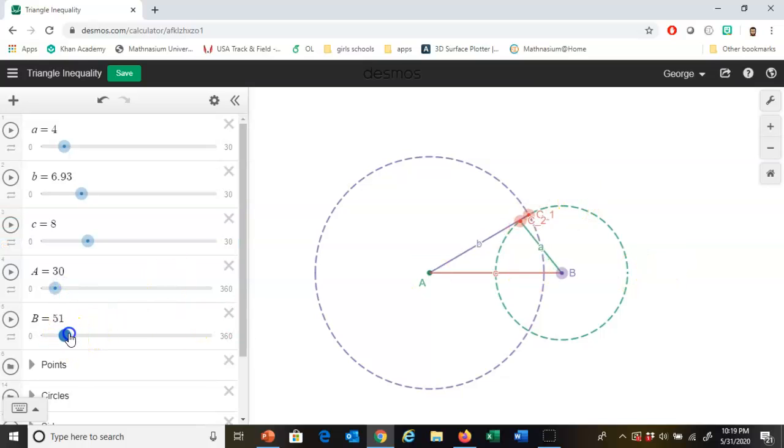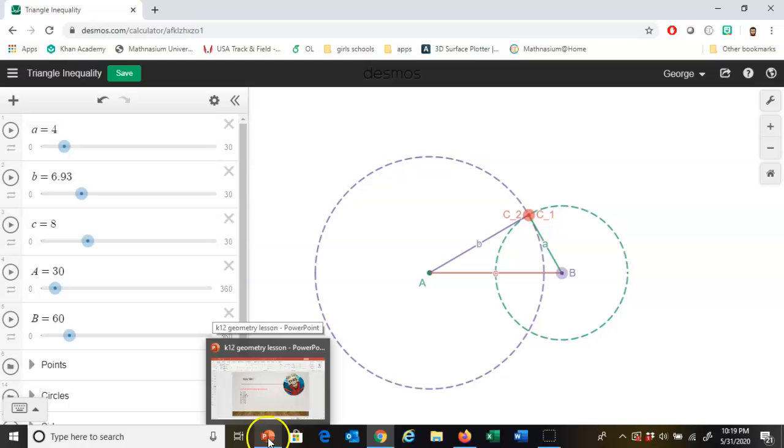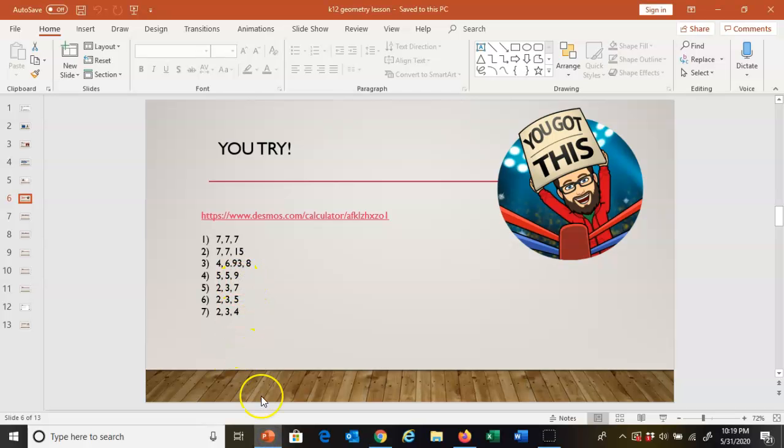Angle B needs to get bigger, and 60 looks good. Turns out this actually is a 30, 60, 90 triangle, a special right triangle. This is an approximation, by the way, of 4 square root of 3. If that's prior knowledge that you have, you know about those side length ratios of a 30, 60, 90 triangle. So that one's a yes.